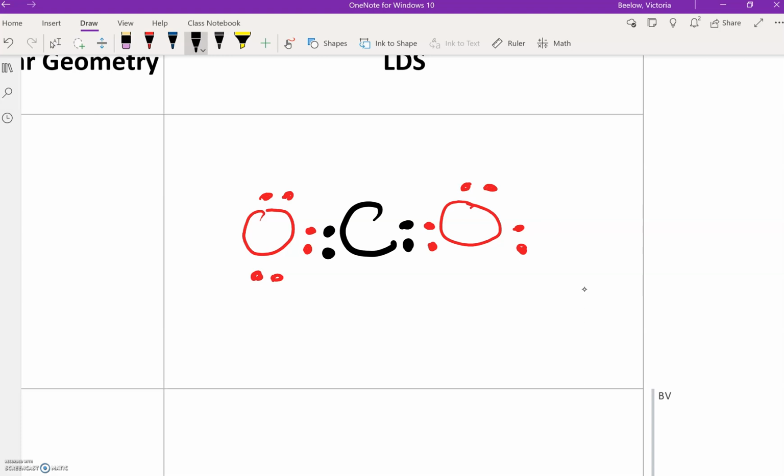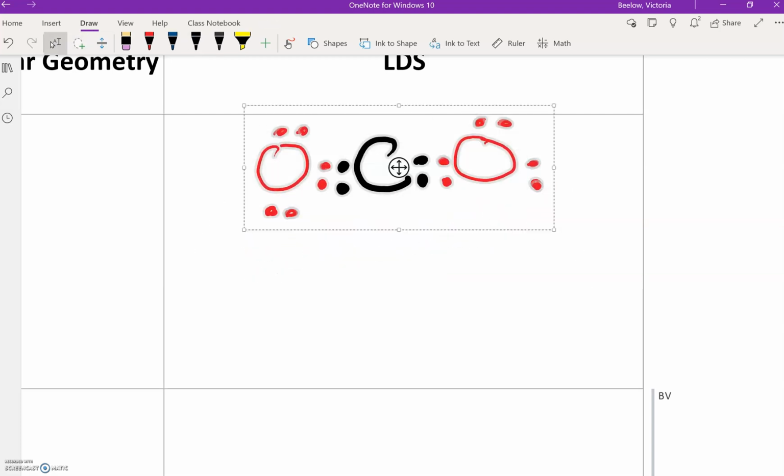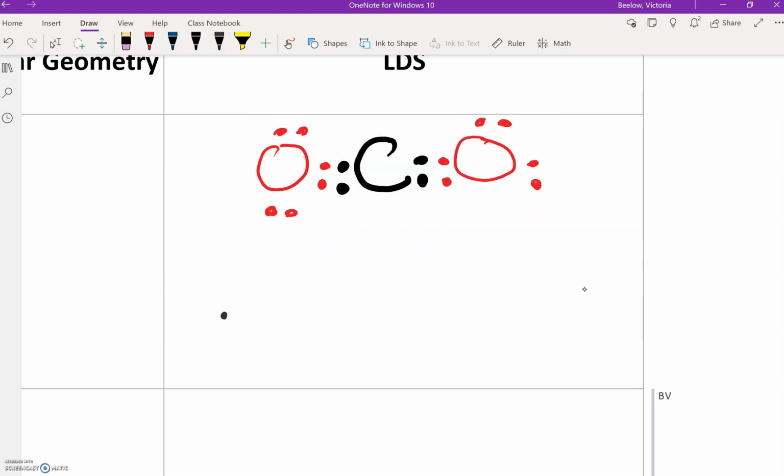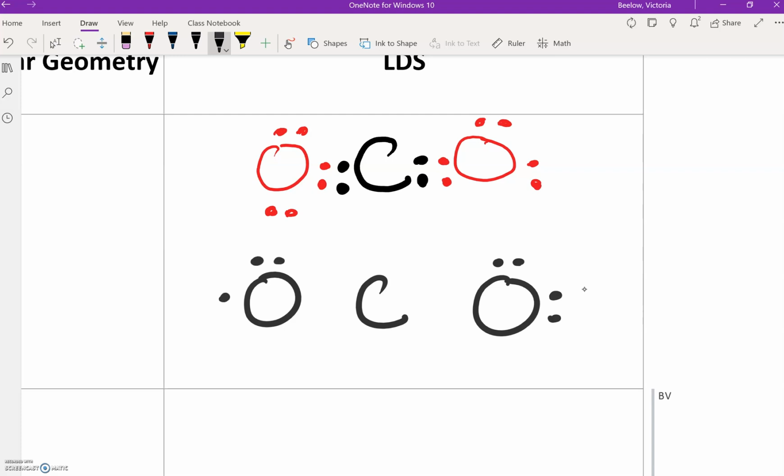So for my final Lewis dot structure, we have the carbon in the center and the 2 oxygens. We're just going to move this guy up real quick. These oxygens each have 2 lone pairs, which makes sense. And these electrons are each being shared, so each of those is a bond.